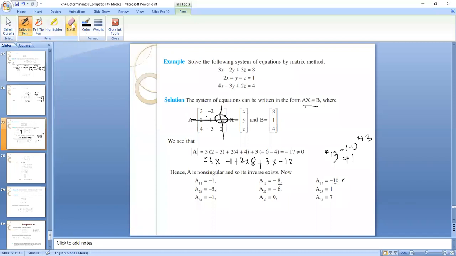Then A31. A31 means this element. So we will be hiding third row, first column. 2 ones are 2, minus 3, minus 1. We will not multiply with negative because the power will be positive, right? Then A32. A32 means third row and second column, this element, right?